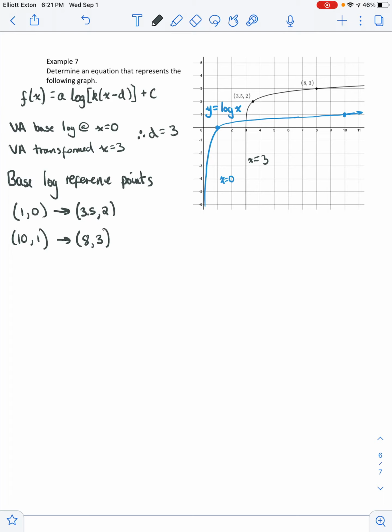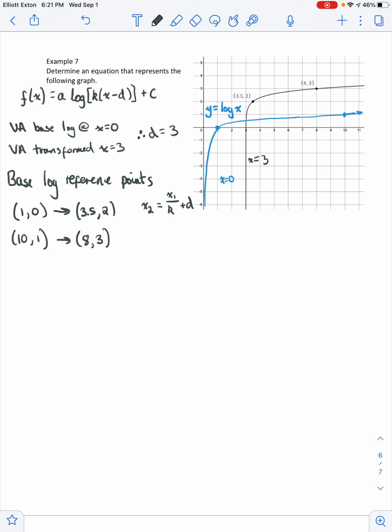So the mapping rule is that x2, the transformed x value compared to the untransformed x value when we're comparing 2 points that have moved, like our reference points here, comes from the first x value divided by k and added to d.